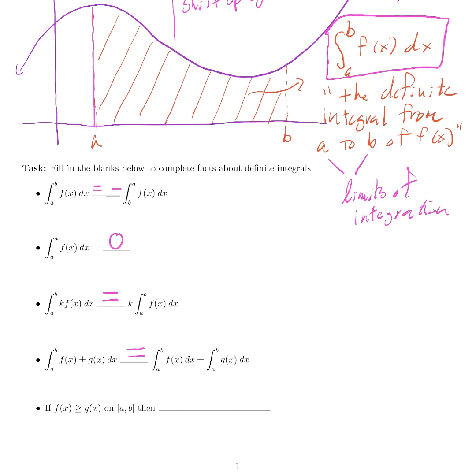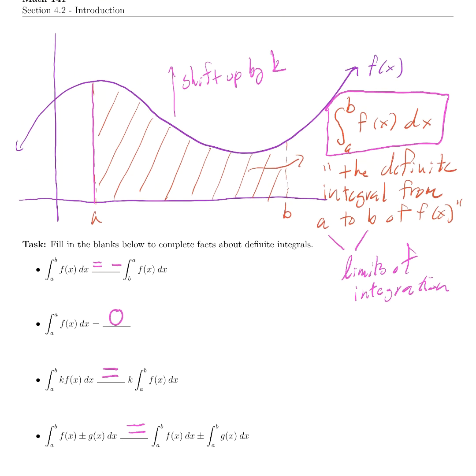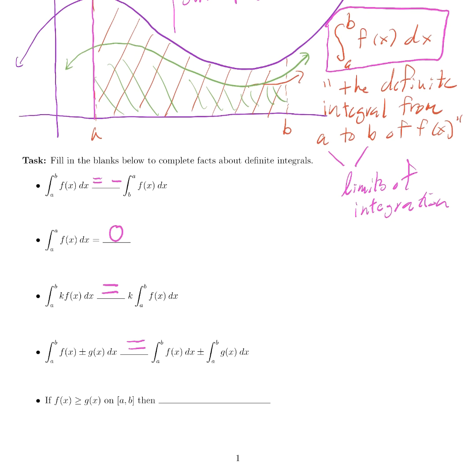And finally, if we have one function that's greater than the other, so here I've drawn a function f, and another function g which was smaller than f, then it would seem that the area under f, shaded in red, would be larger than the area under g, shaded in green.